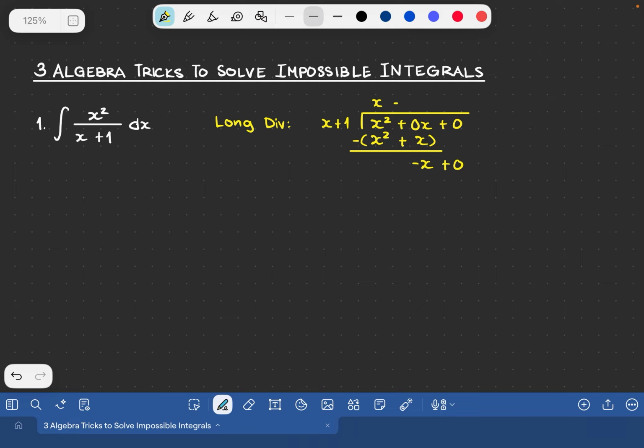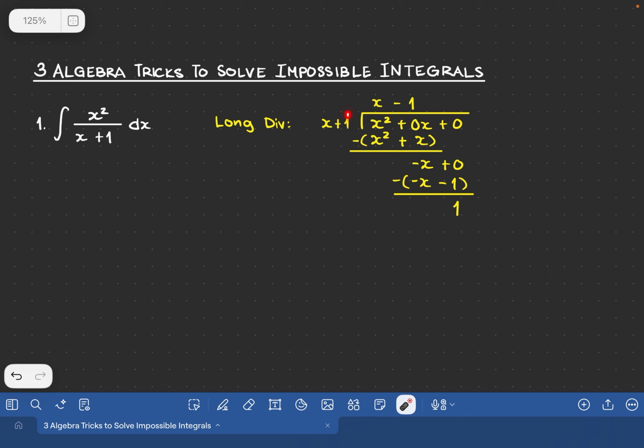This time we will have minus 1, so that we have negative x minus 1. We subtract these two, this will cancel out and we will be left with 1. So this is our divisor, this one is our quotient, and this is our remainder.